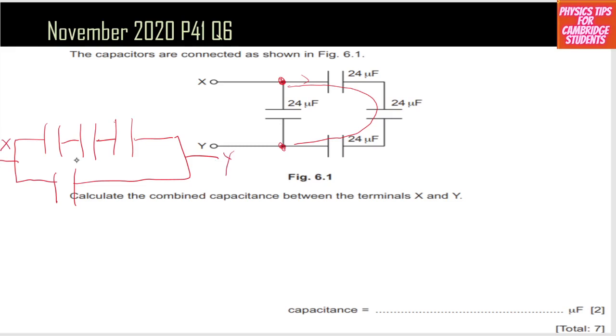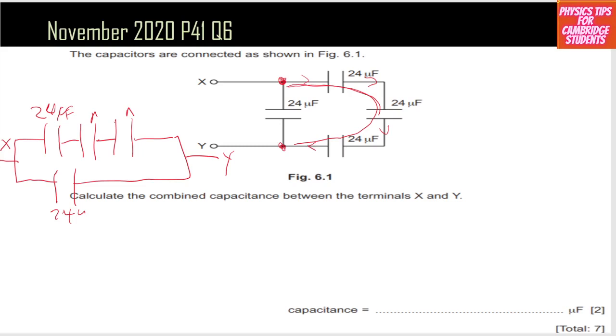So which means that these three capacitors, 24 microfarad capacitors, all these are connected in series and then in parallel with the other 24 microfarad capacitors. I hope you understand how I managed to come up with the three capacitors in series, but as you can see, there's only one path of flow of current in the three. So that's why we say that these are in series.